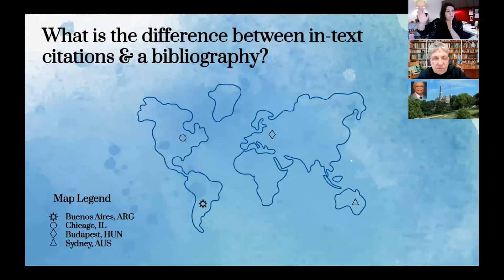If I have my favorite New York Times article quote and I have the mini citation in text, then your instructor can say, okay, let me go down to the bibliography to learn more about that source. Just like with the legend, I know I want to learn more about what this sun means, so let me go over here to this map legend and find where the sun is so I can know what it designates. So that's how I like to illustrate in-text versus bibliography for my classes.